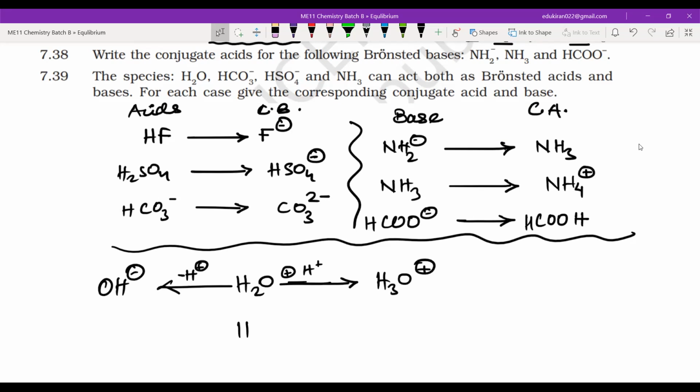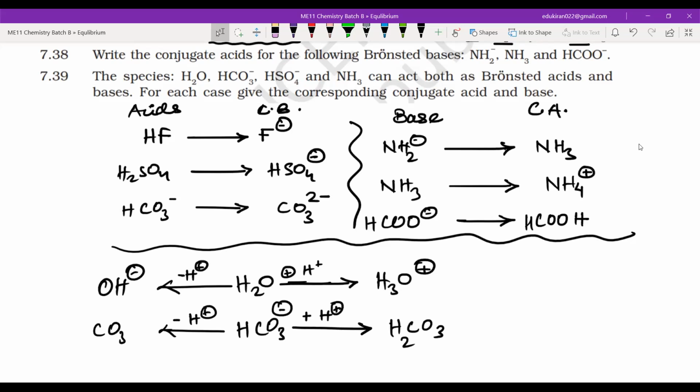Similarly, I will have HCO3 negative. I will add H plus and it will get H2CO3. I can also remove H plus because we have one hydrogen here, so it will become CO3 2 negative.